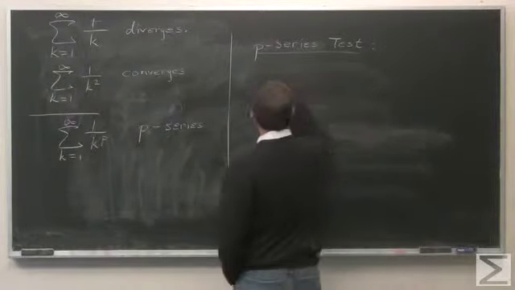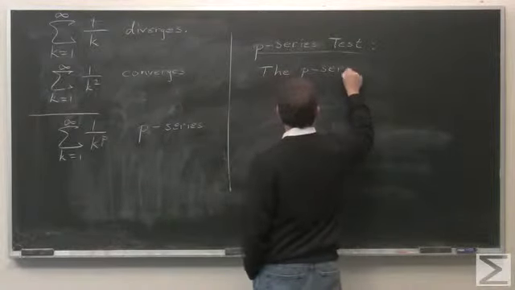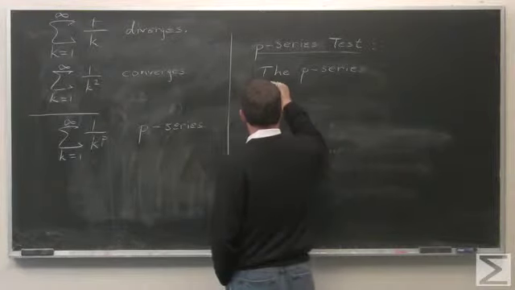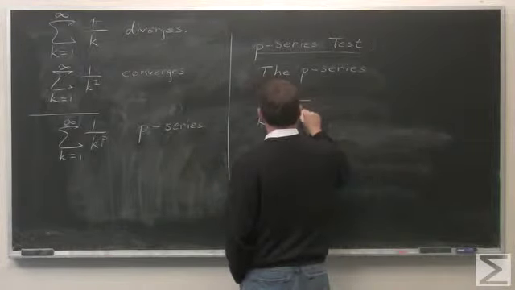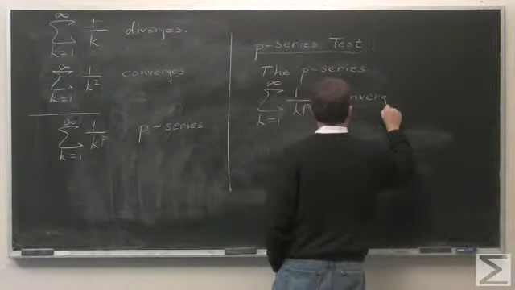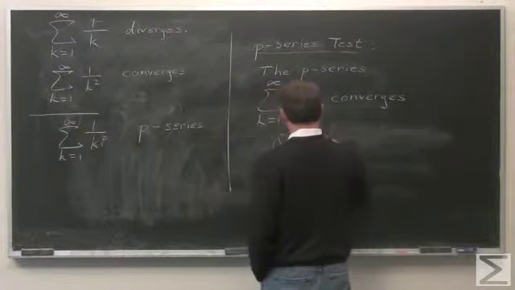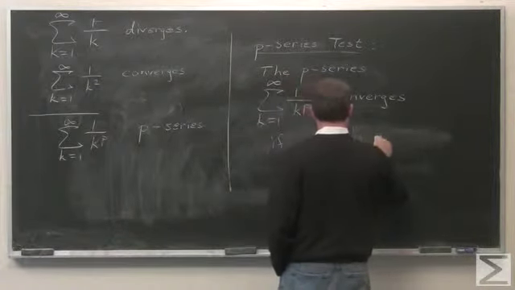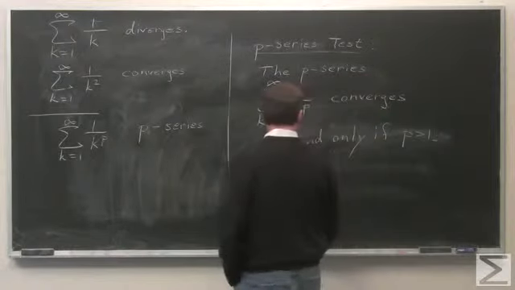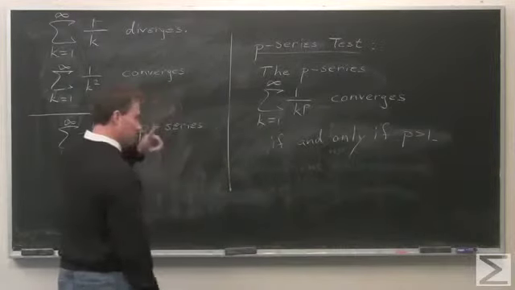The p-series converges if and only if p is greater than 1. So if p is less than or equal to 1, the series diverges. So that includes equals 1.